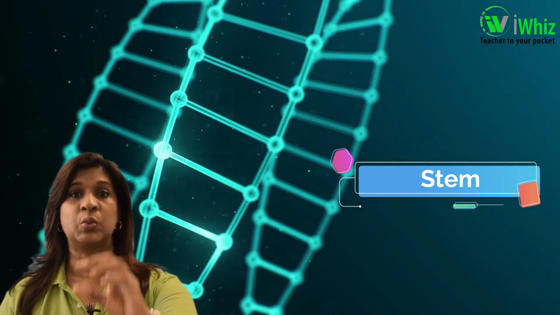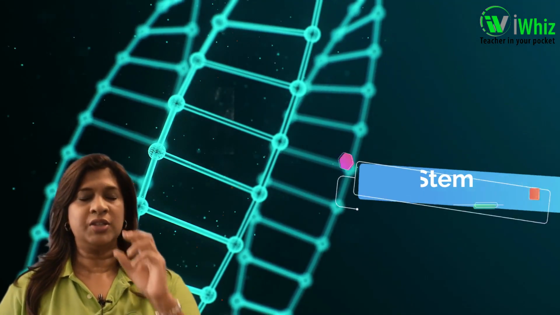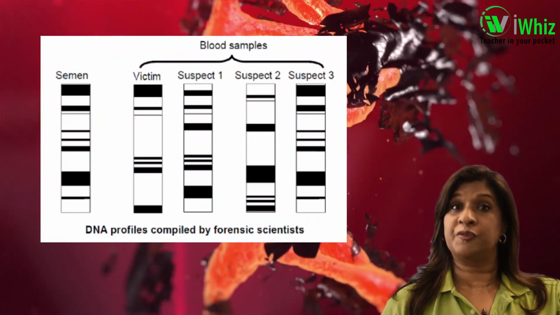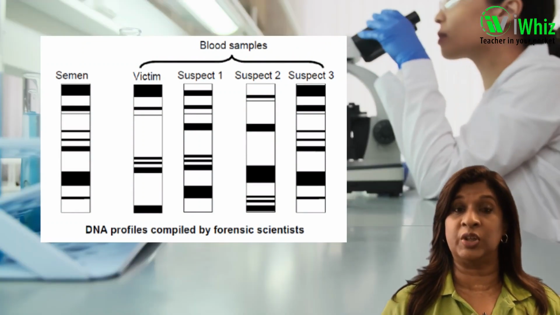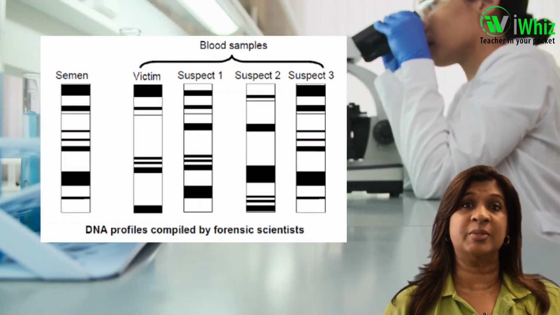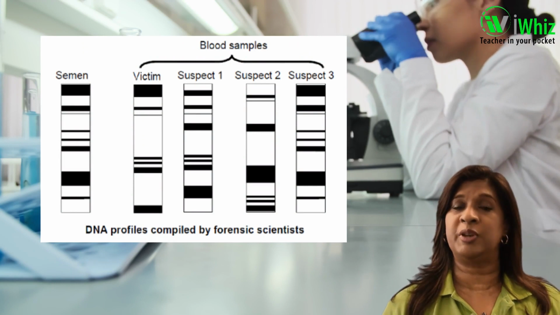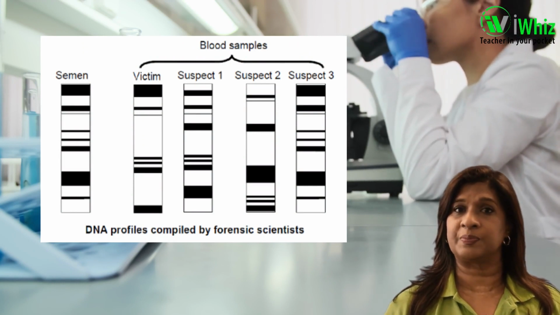Remember we said whatever is written at the stem before your actual questions come up is really important information. So you must make sure you read that carefully, right? So if we analyze our diagram, the first DNA profile that you are looking at is from the semen sample, which would have been found on the victim.